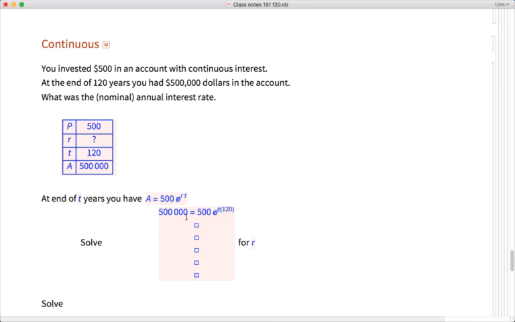All right, so let's see. Divide by 500 to isolate the exponential. This was 500,000, so this would be down to 1,000. Take natural log of both sides. We're on the home stretch. Cancellation. Natural log of e to the 120 times r, and then finally divide through by 120.